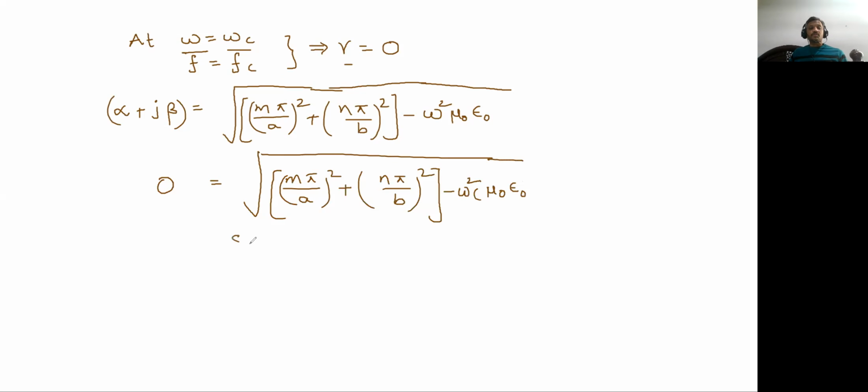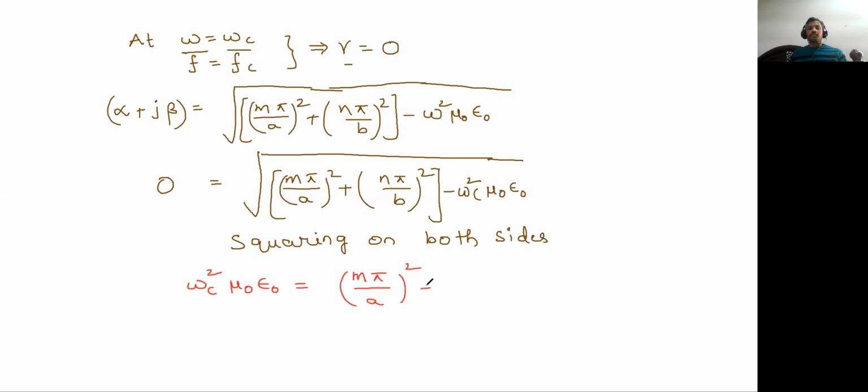Now squaring on both sides, and bringing this omega c square mu naught epsilon naught to the left hand side, that will become omega c square mu naught epsilon naught is equal to simply (m pi by a) whole square plus (n pi by b) whole square.